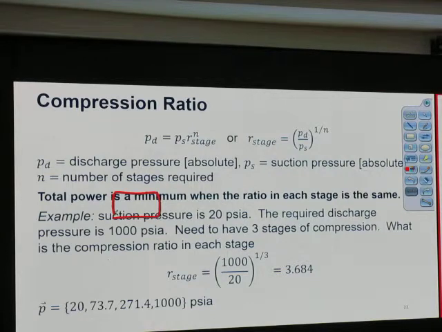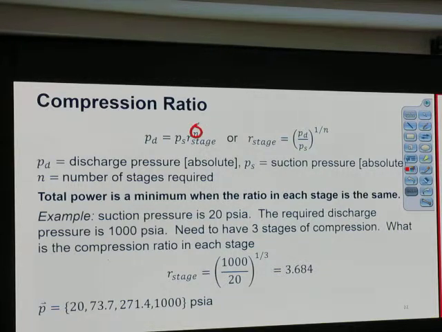Compression ratio per stage. We have final discharge pressure equal to first stage suction pressure, everything in PSIA, absolute value, multiplied by R, the compression ratio per stage, raised to the power of n.